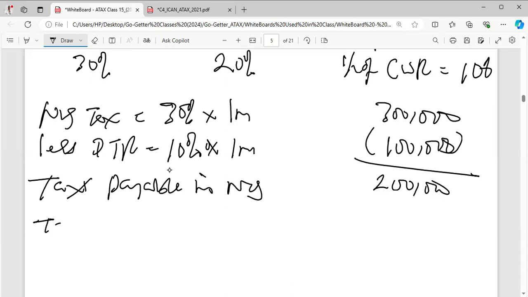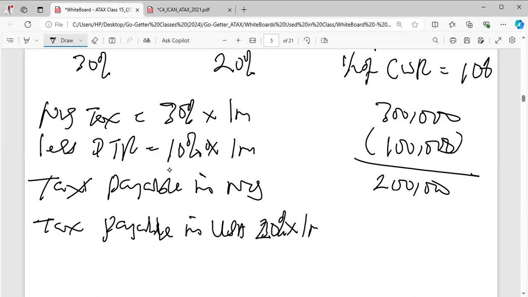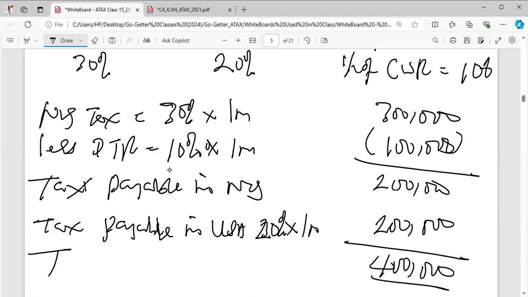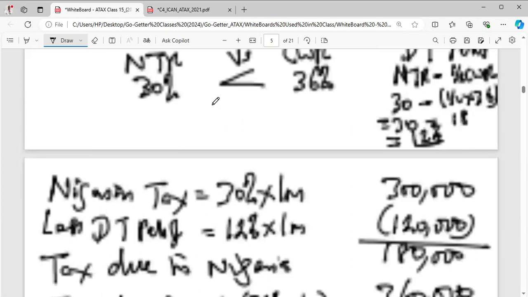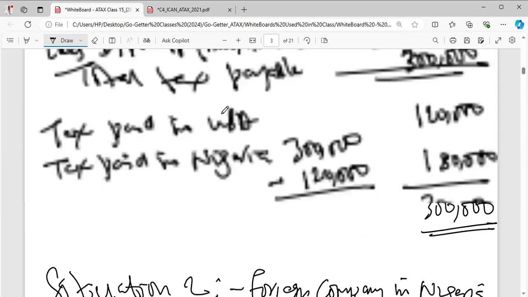Then tax payable in USA is going to be 20% of 1M, which is 200,000. Then total payable is 400. Total tax payable. So now let's compare this 400 here with what we did here in situation 1.